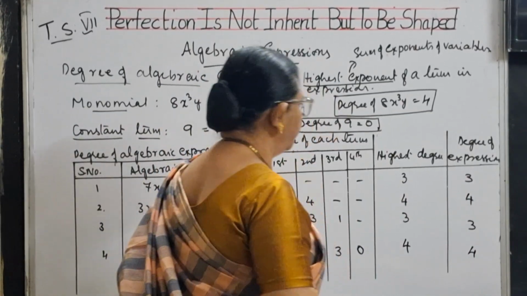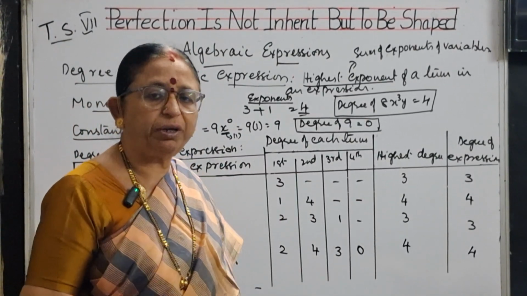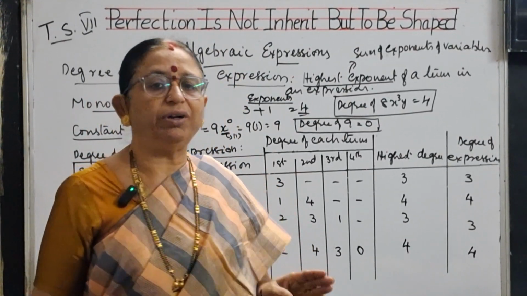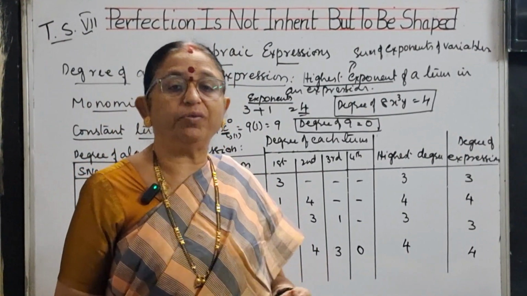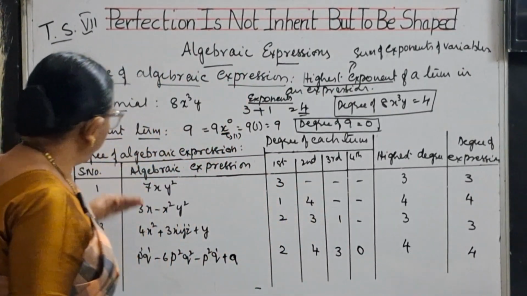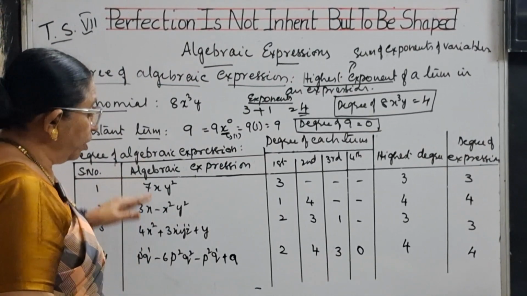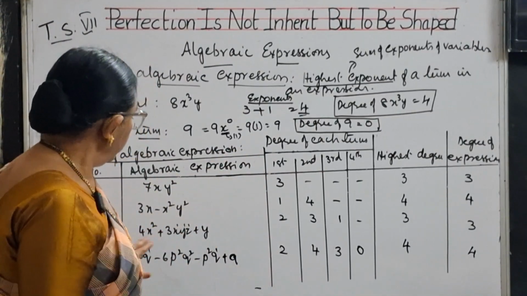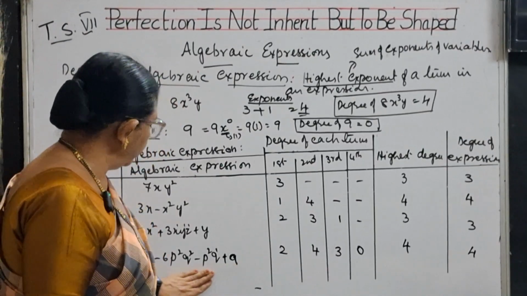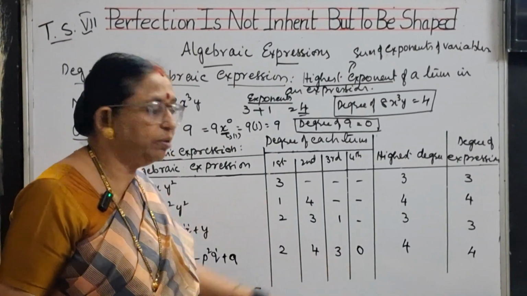So I hope this degree knowledge you have got, children. Degree of monomial or degree of every term is nothing but see what are the variables. Add the powers of the variables. You will be getting the value, that is a degree. Here we have got examples for monomial, binomial, trinomial, polynomial. If you want to find out the degree of an expression, each term degree you have to note down.